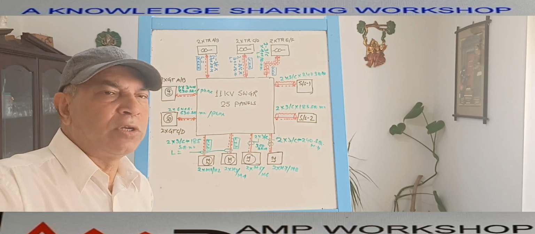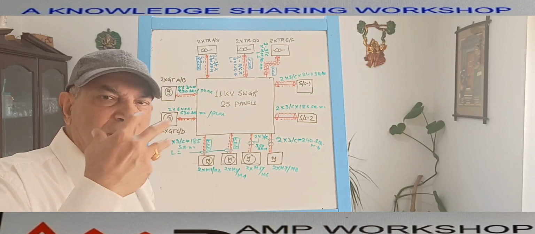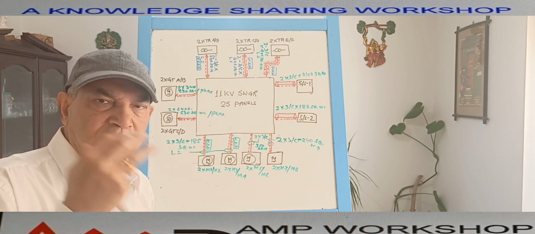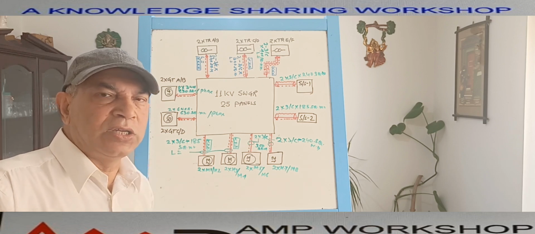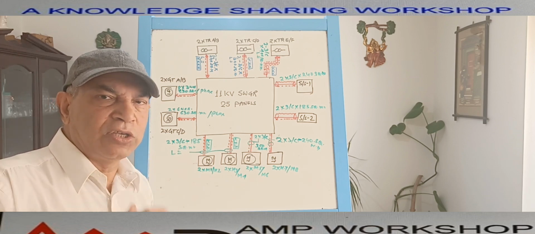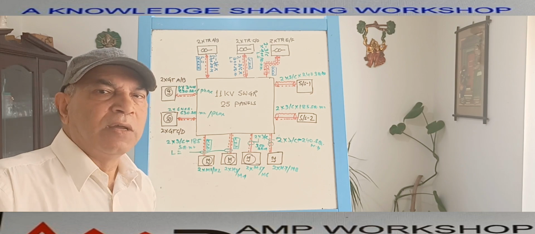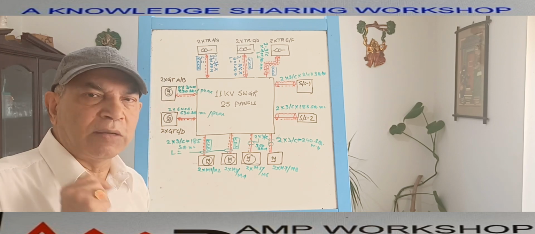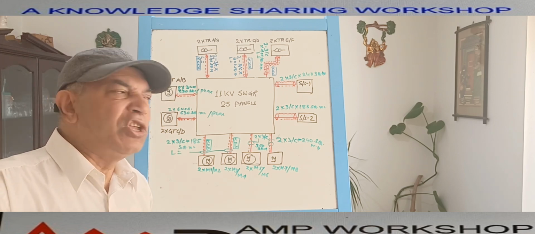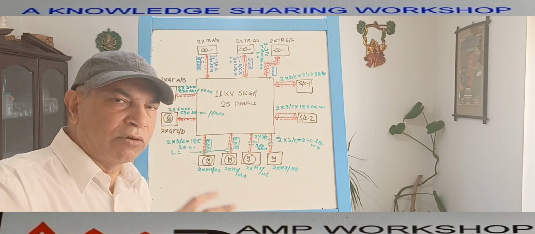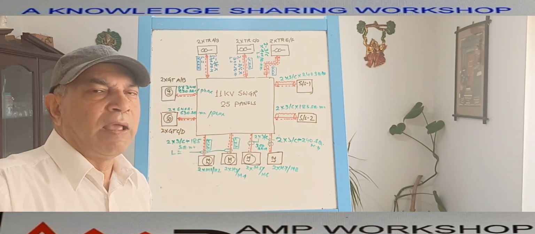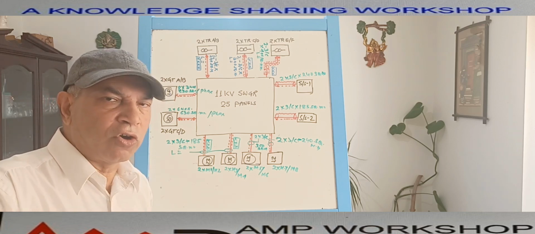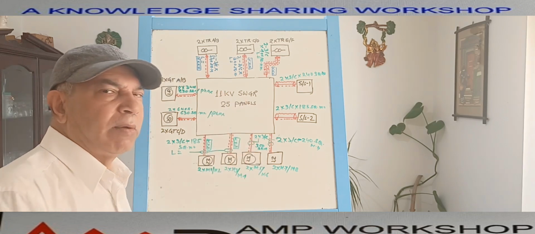With that document, we travel to the site and look into the actual condition of the equipment, because detailed or construction engineering is carried out at a stage when most of the equipment is finalized. Most equipment and tentative locations are finalized, so all the lengths are more or less finalized. Based on that, we recheck all the cable sizing calculations which were part of the FEED document, and if further revision is required, we do the revision, and based on the revised document, we finalize the cable block diagram.